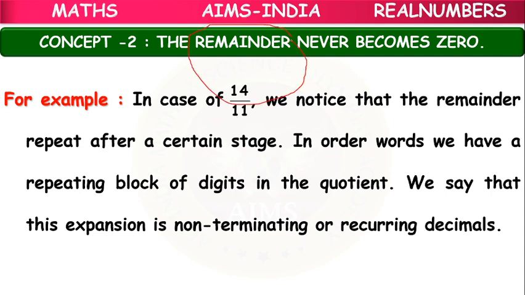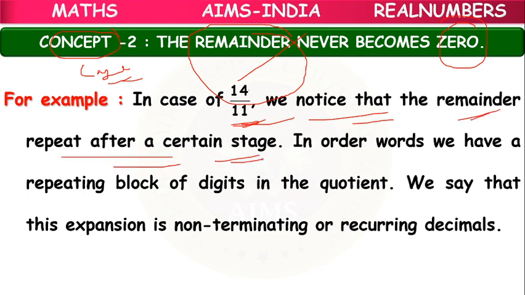There is one more case possible. Case 2: the remainder never becomes 0. In 14 by 11, if we divide the numerator 14 with the denominator 11, we notice that the remainder repeats after a certain stage.